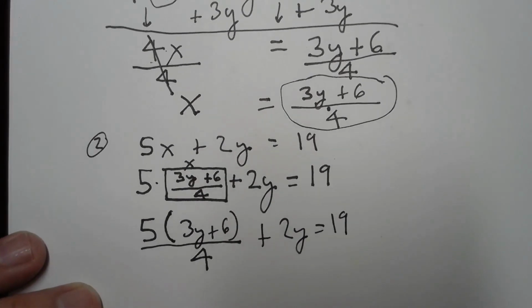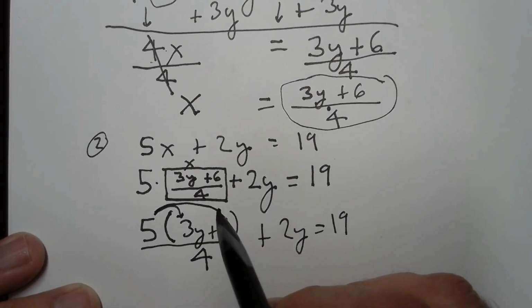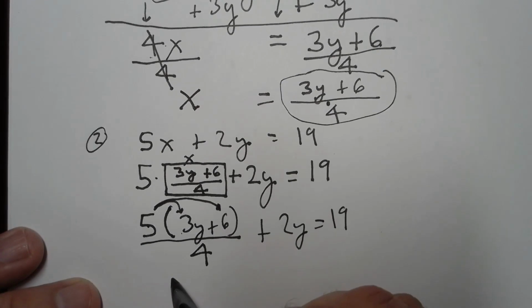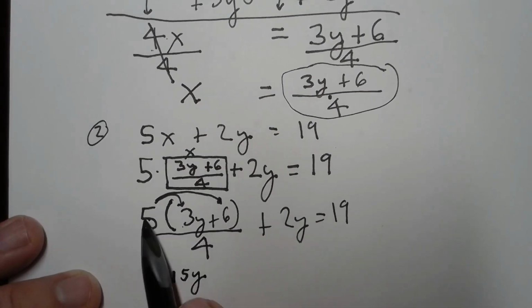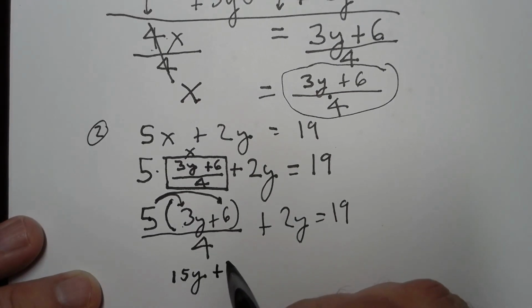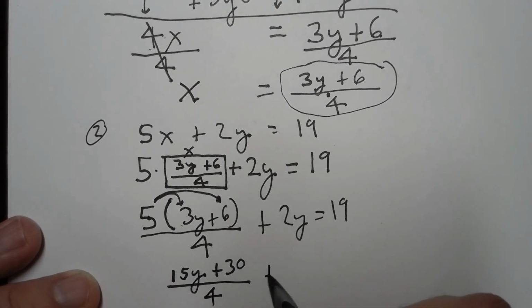I have to distribute this by multiplying by each of those terms. So 5 times 3y is 15y, and 5 times 6 is 30, so it's plus 30, and that's all over 4. I bring down the plus 2y and equals 19.